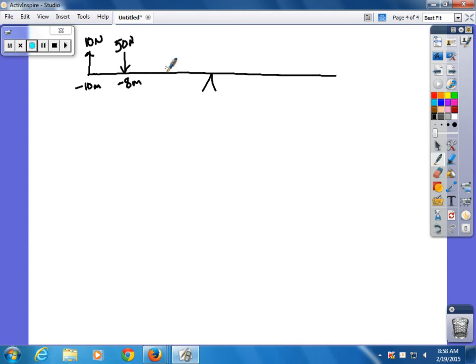And then 5 newtons at negative 4 meters. And 10 newtons at 3 meters. And 20 newtons at 8 meters. And how many newtons at 10 meters?